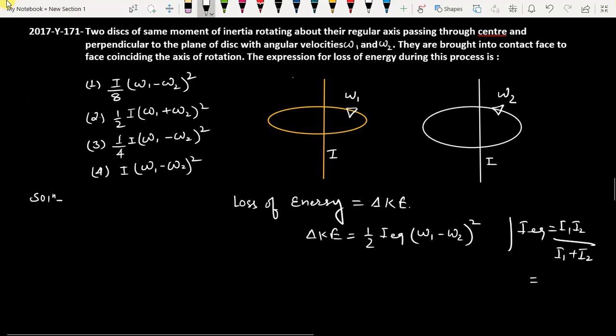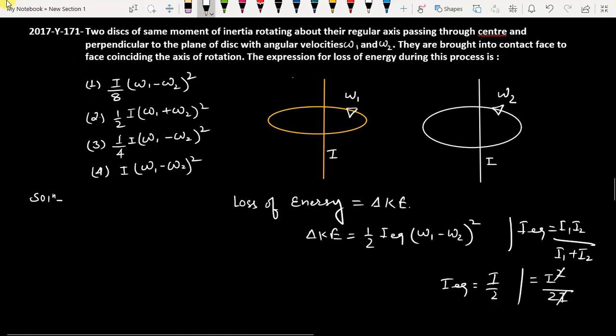So this will be I1 is I and I2 is I, so this is I square by 2I. So this will get cancelled out. So I equivalent that we got is how much? That is I by 2.